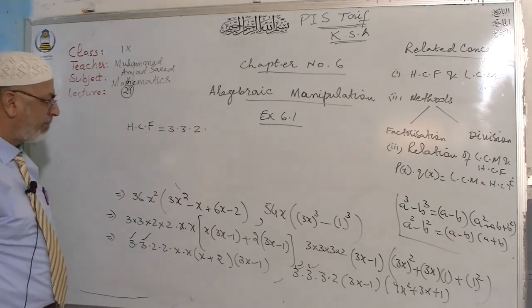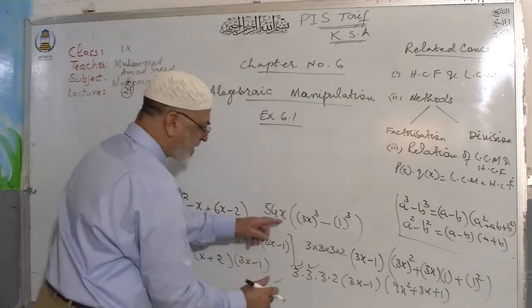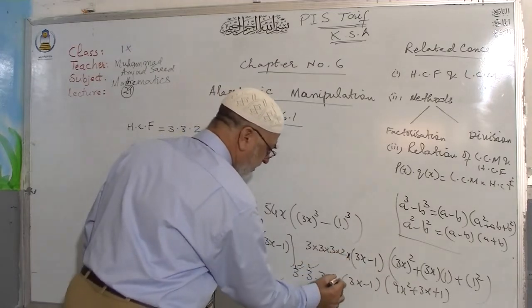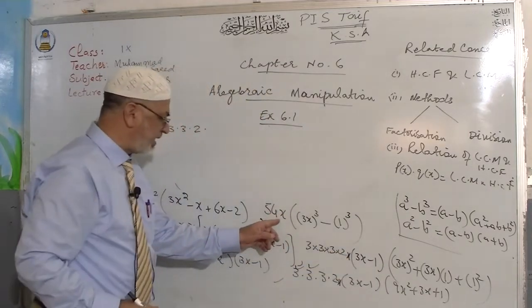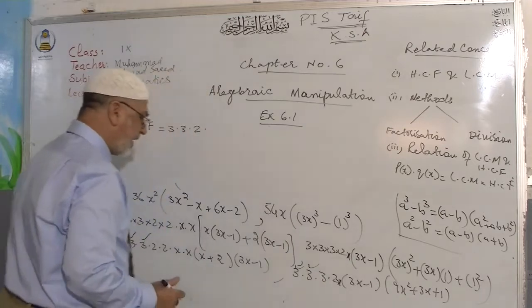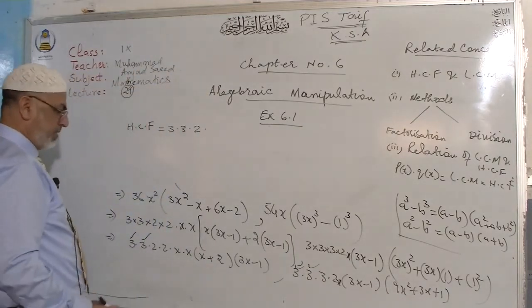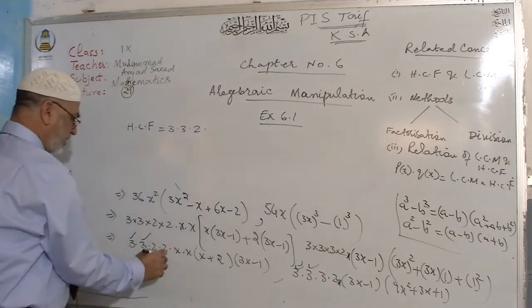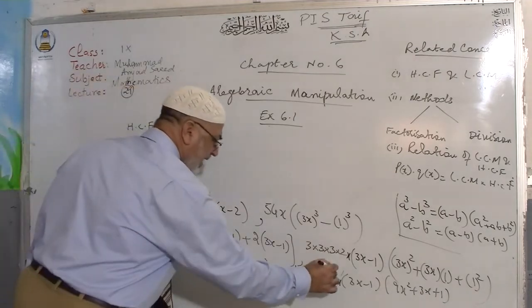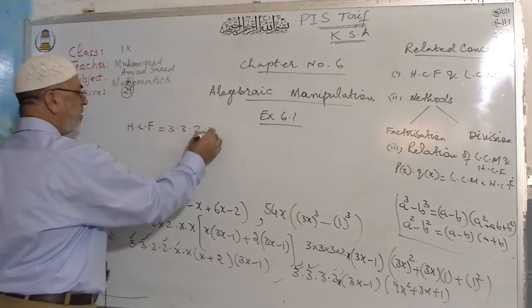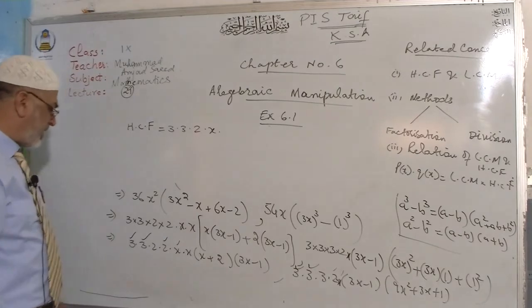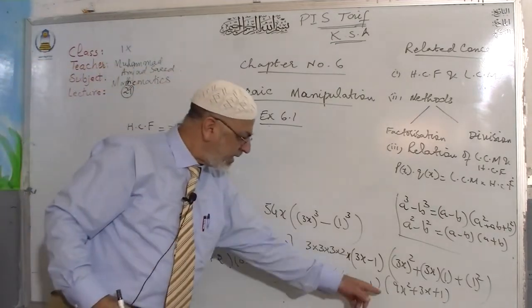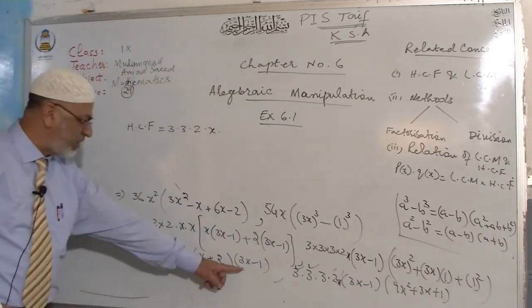Then here was x. Here was x also. Here was x, that was x. So x is coming 1 time from here and 2 here, so you can select 1x. And after that, you can have 3x minus 1 and 3x minus 1.